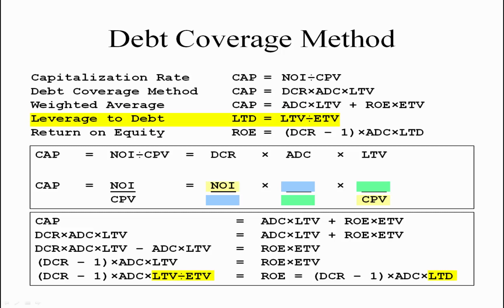And then substitute leverage to debt ratio for the LTV divided by ETV. And thus we've derived return on equity equals the quantity debt coverage ratio minus 1 times annual debt constant times leverage to debt.